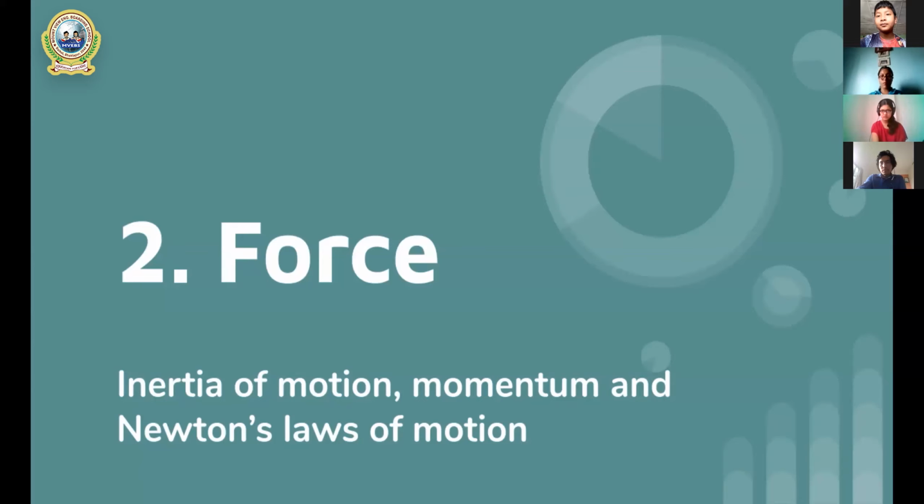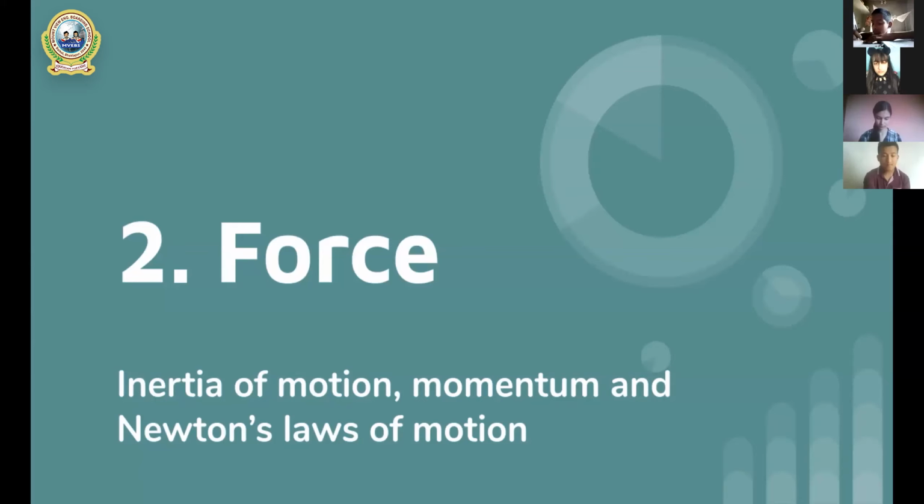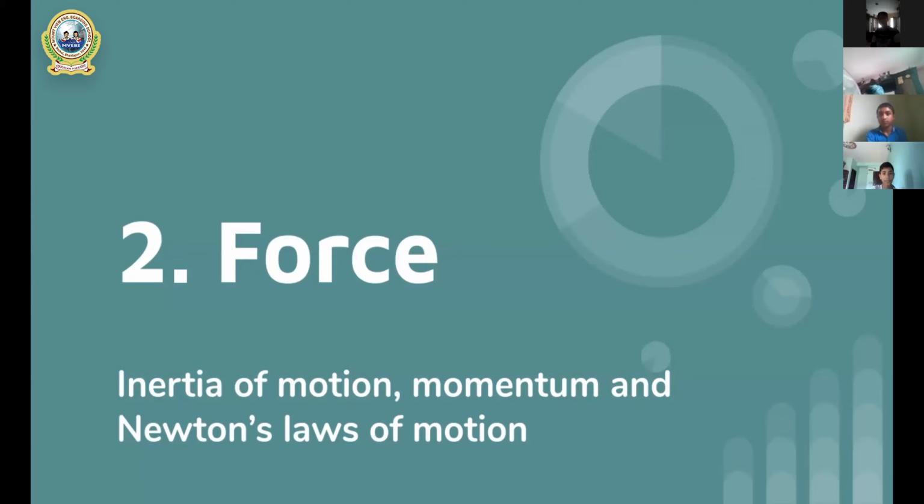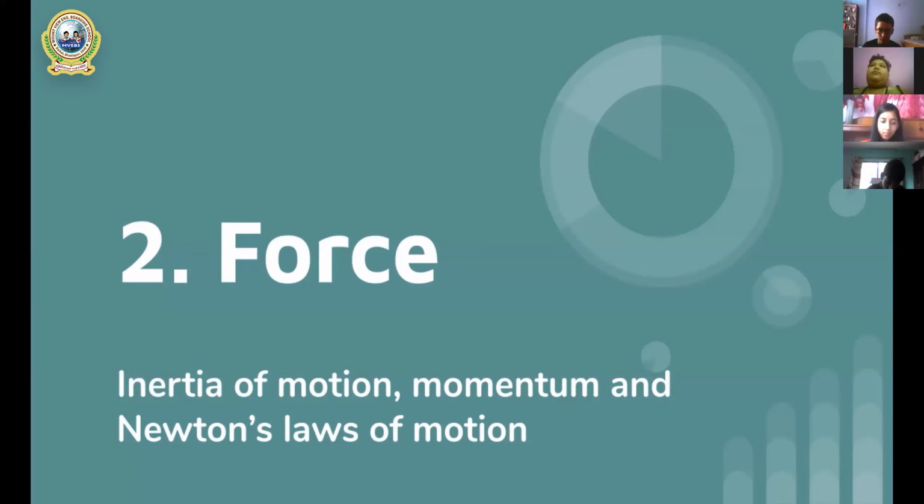What is inertia? We define inertia as the inability of a body to change its position by itself. In other words, inertia is the property by which a body can remain in its own position.